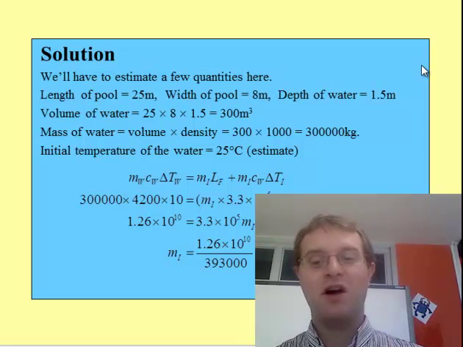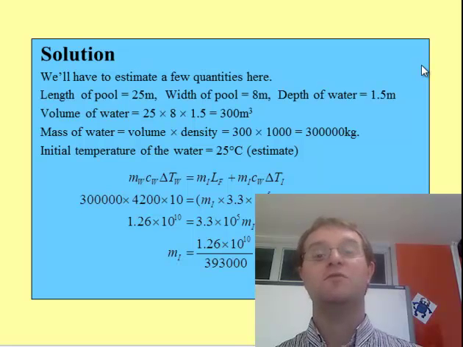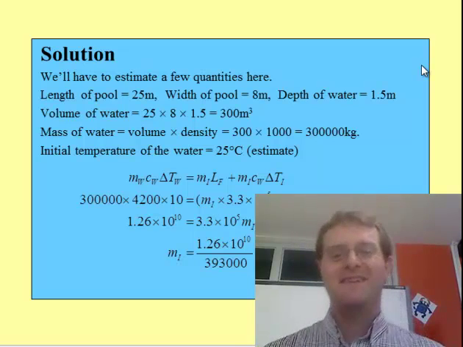I need to work out how much ice I need to put in there. So the amount of ice I put in there is going to be mass 1, and that's going to be the only unknown I have in this calculation. So I put all the values that I know in, and I find that I'm going to need 32,061 kilograms of ice to cool down that pool by 10 degrees, which is a huge amount.